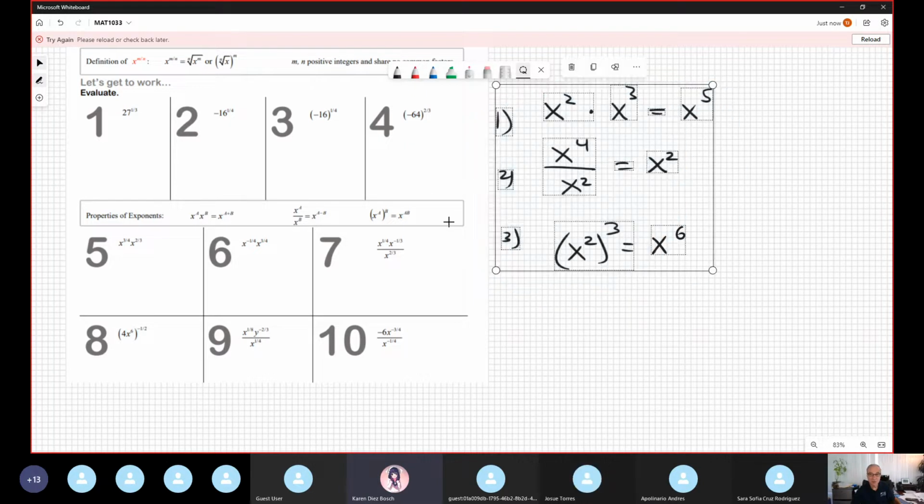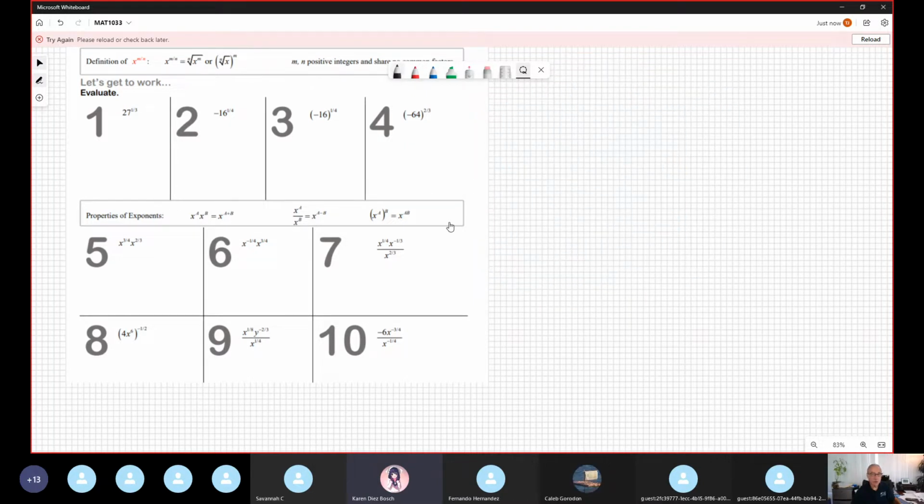Let's do it one by one. We are doing number 5: multiplication, x to the 3/4 times x to the 2/3. You copy the base and work with the exponents separately: 3 over 4 plus 2 over 3.